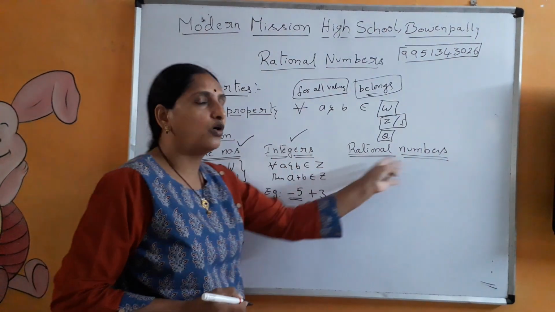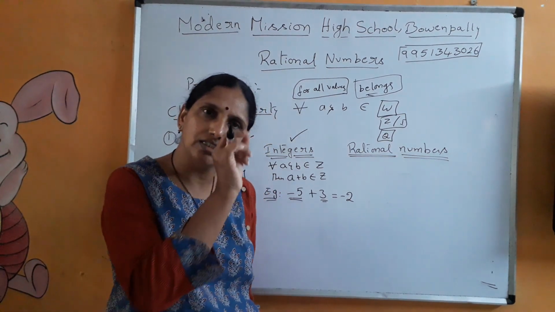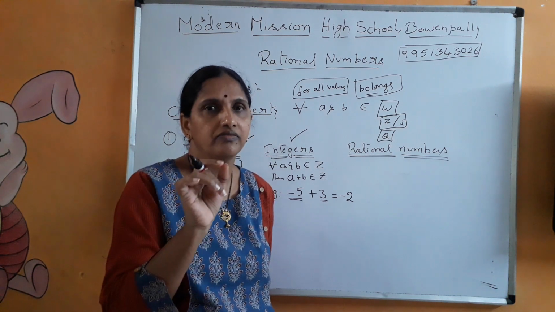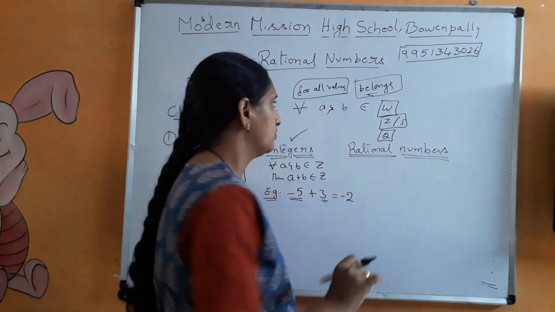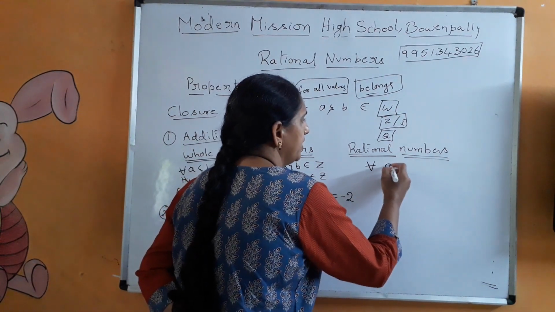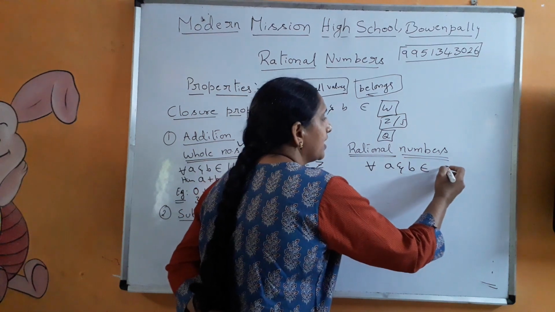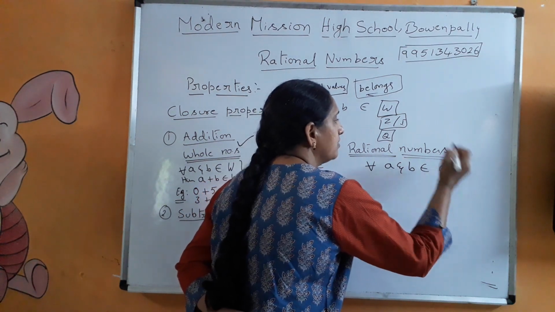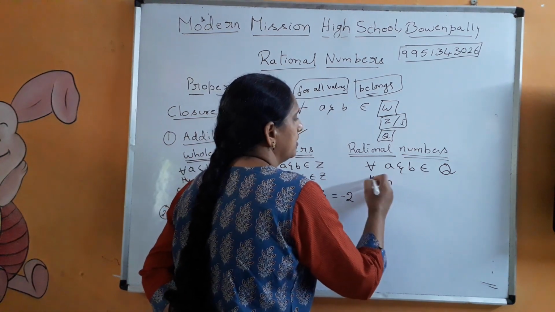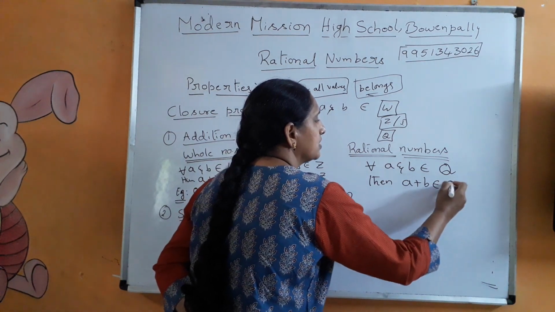Now let us move on to the rational numbers. Let us take the form of fractions. So now, what is the general format? For all A and B belonging to rational numbers, represented by Q, A plus B also belongs to rational numbers.